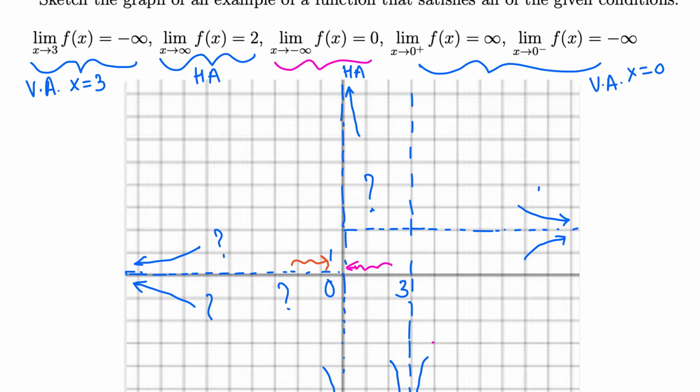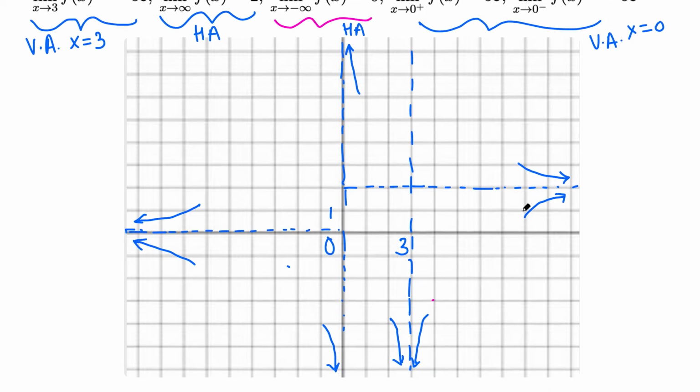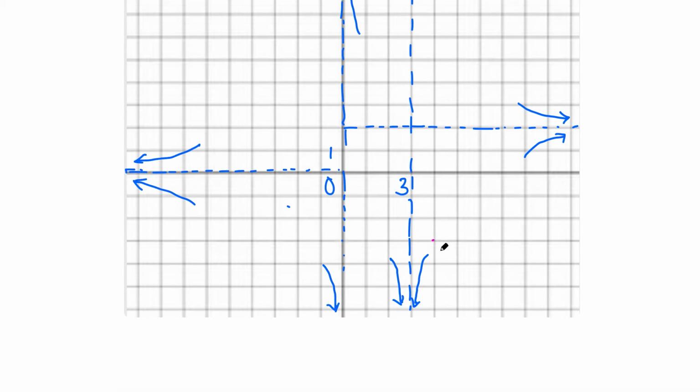So let's try to figure out this here, because we need to connect the graph. Okay, we need to connect the graph. And we cannot have both the top and bottom at the same time. So we don't have anything, and we are here and we are here, so we need to connect this.